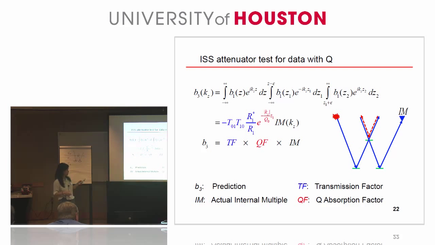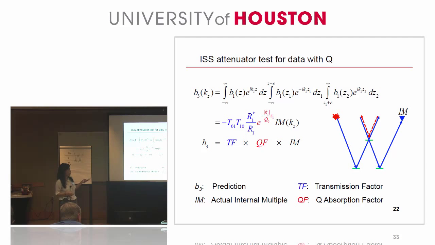For this specific example, your multiple is generated at the first interface, so only the transmission loss at the first interface is overestimated and contributes to this term. The second term here is the Q absorption factor, QF. This term is related to the absorption and transmission loss in the layers down to the interface where your multiple is generated.